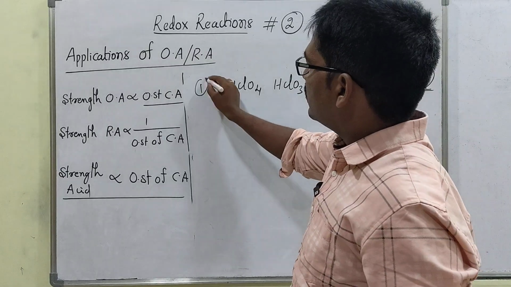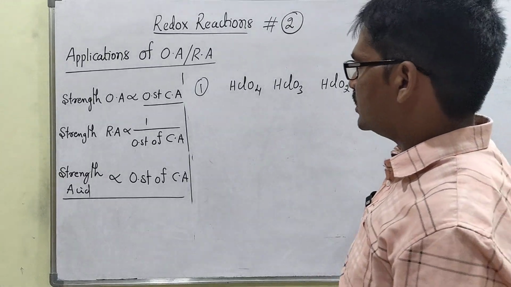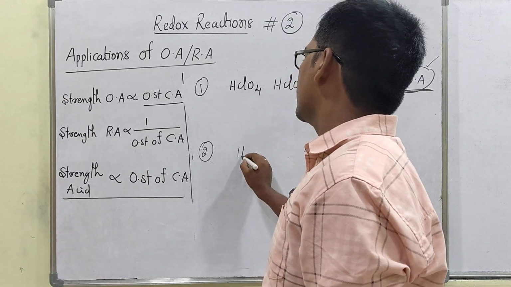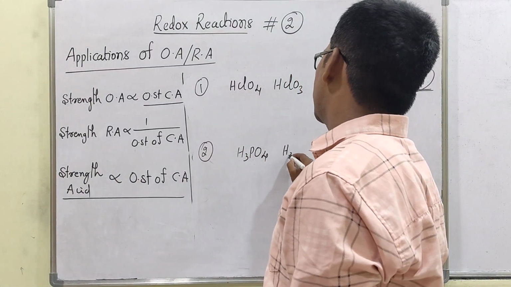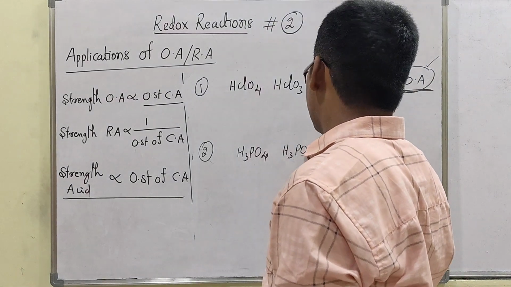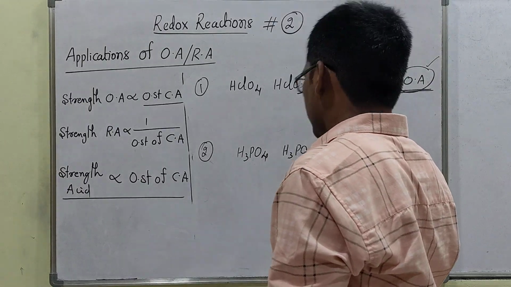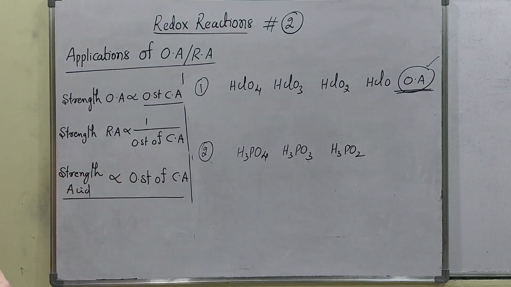So question number 1, sir, order of oxidizing agent, if they ask a question based on it. Then second question, that is H3PO4, then H3PO3, then H3PO2, if they take a question on this.